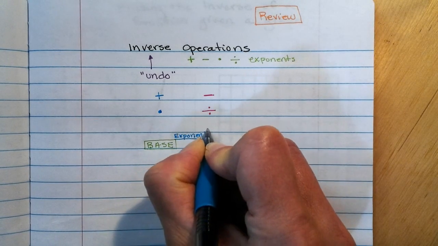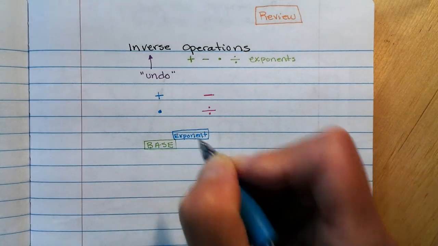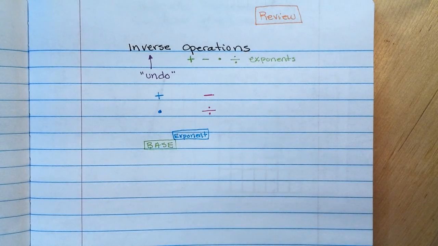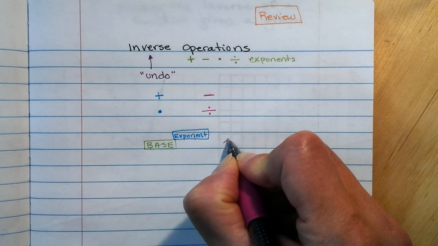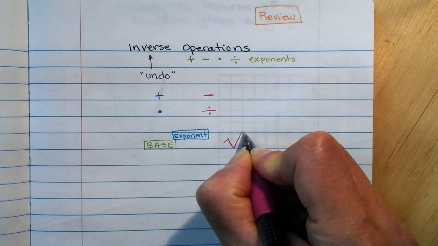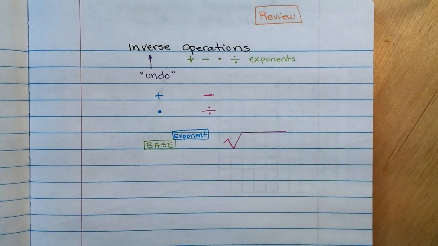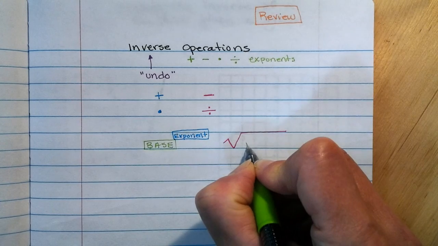Now the question is, what undoes an exponent? The inverse operation for an exponent would be a root. So I'm going to write it like this. I'm going to call this root.